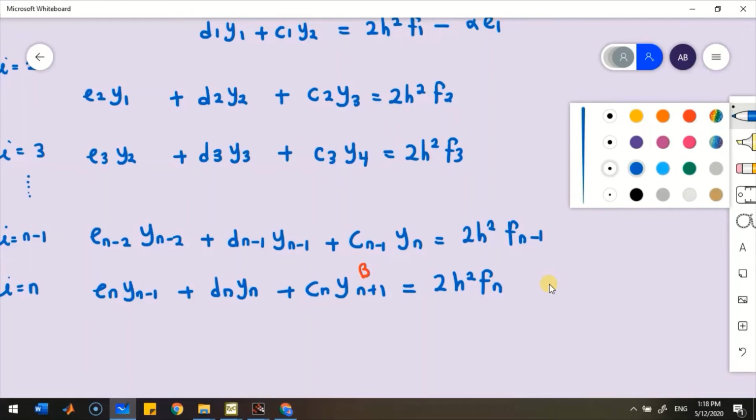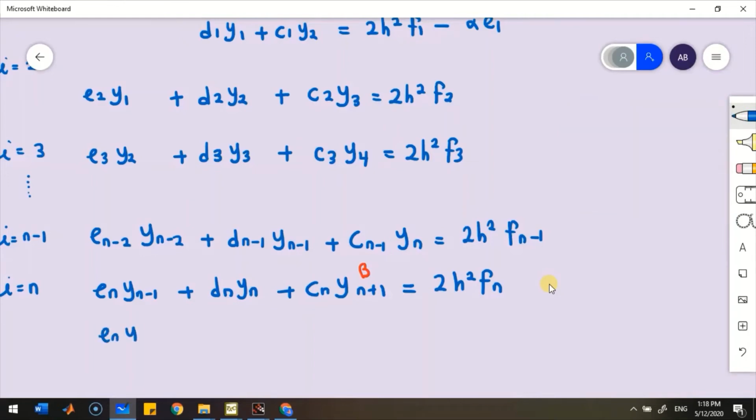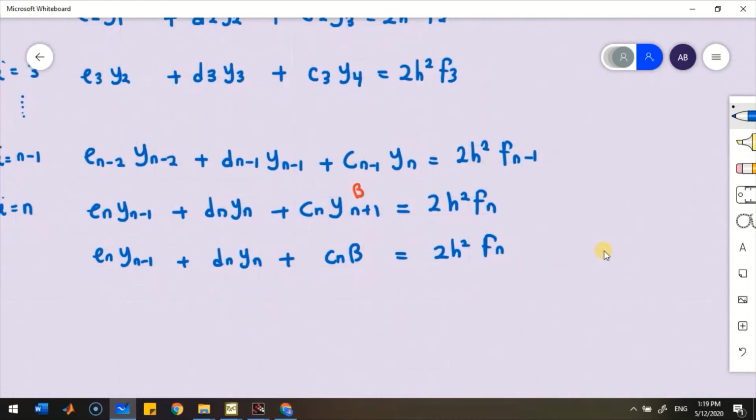So what we have here, e n y n minus 1 plus d n y n plus c n beta equals 2h squared f n. So I have e n y n minus 1 plus d n y n equals 2h squared f n minus c n beta.